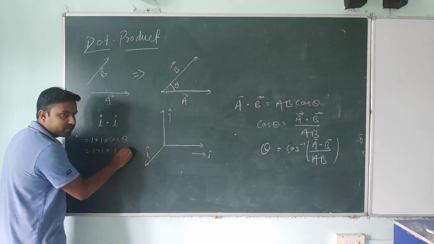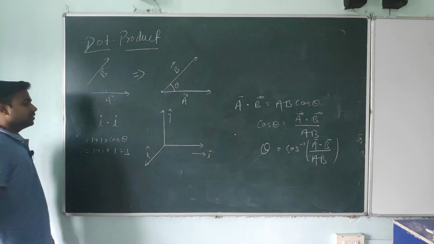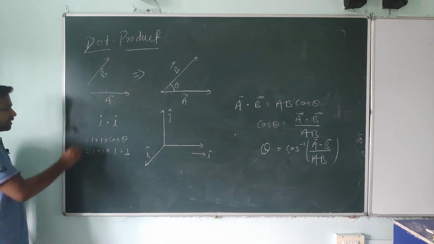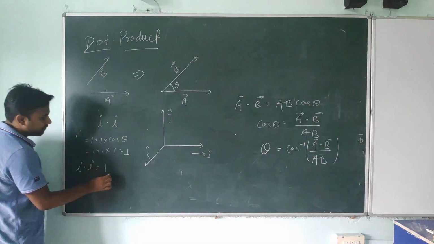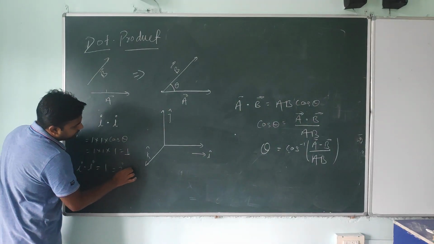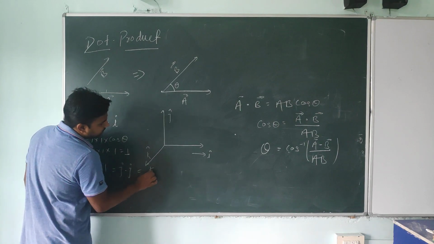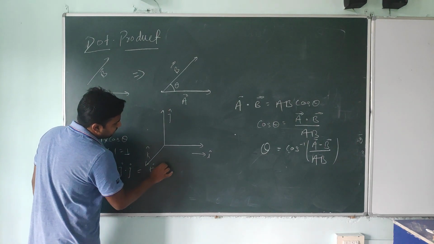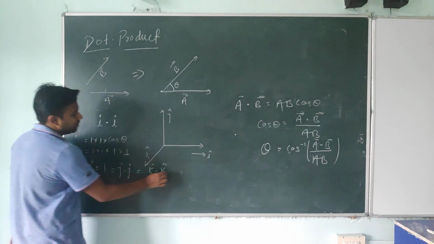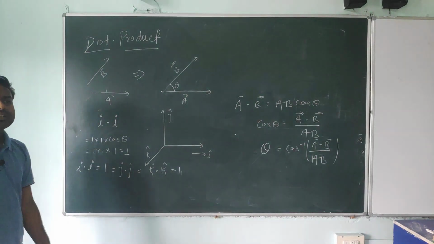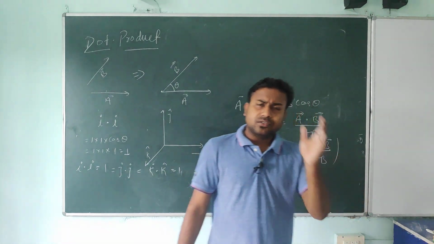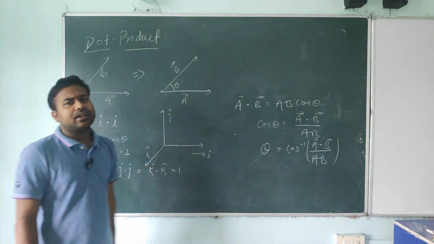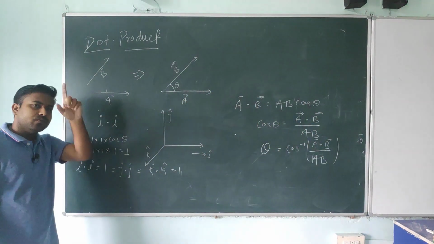So what you will get? 1. Okay. So i dot i is equal to 1, j dot j also you will get 1, and k dot k is also 1. It means if you take the dot product of the same unit vector, you will get 1.